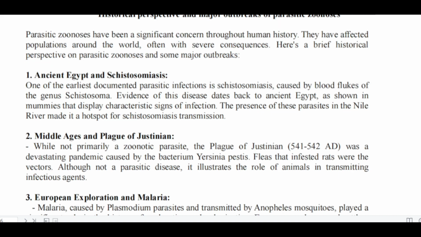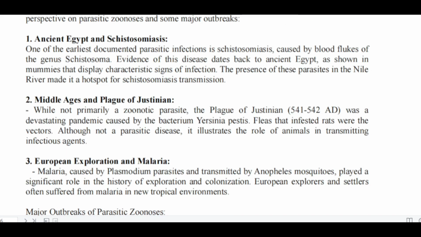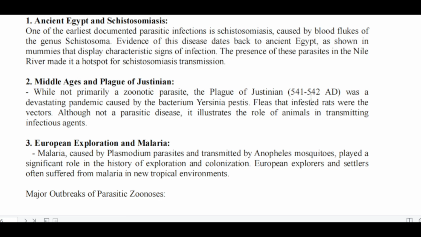The Middle Ages and the plague of Justinian. Although it's not primarily a zoonotic parasite, the plague of Justinian that occurred in 541 to 542 AD was a devastating pandemic caused by the bacterium Yersinia pestis.